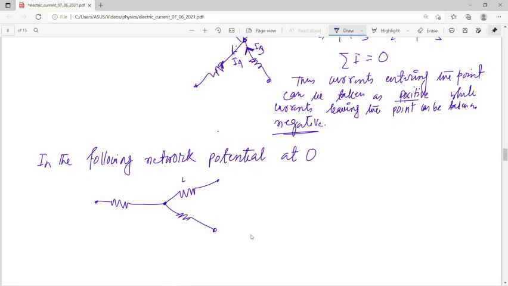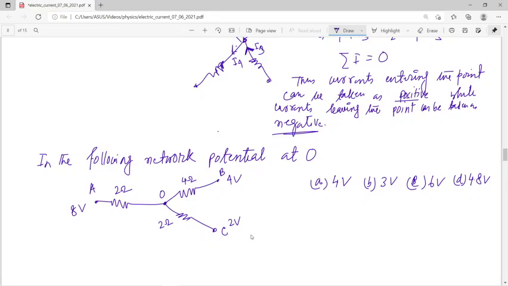This is 4 ohm, this is a point B, this is a point O, this is a point A, there is 8 volt, resistance is 2 ohm, this is 2 ohm, that is C, this is 2 volt, and at B point that is 4 volt. The corresponding options given are 4 volt, 3 volt, 6 volt, and 4.8 volt.